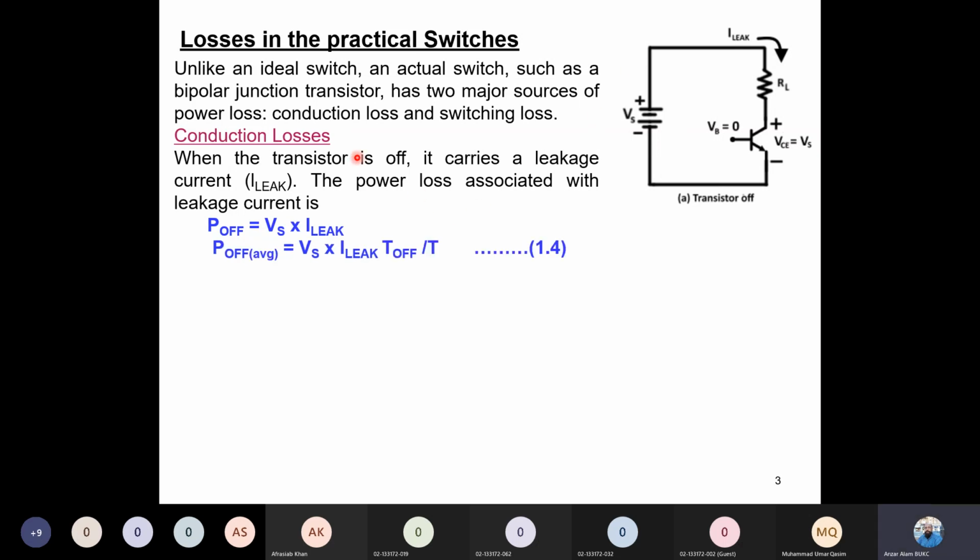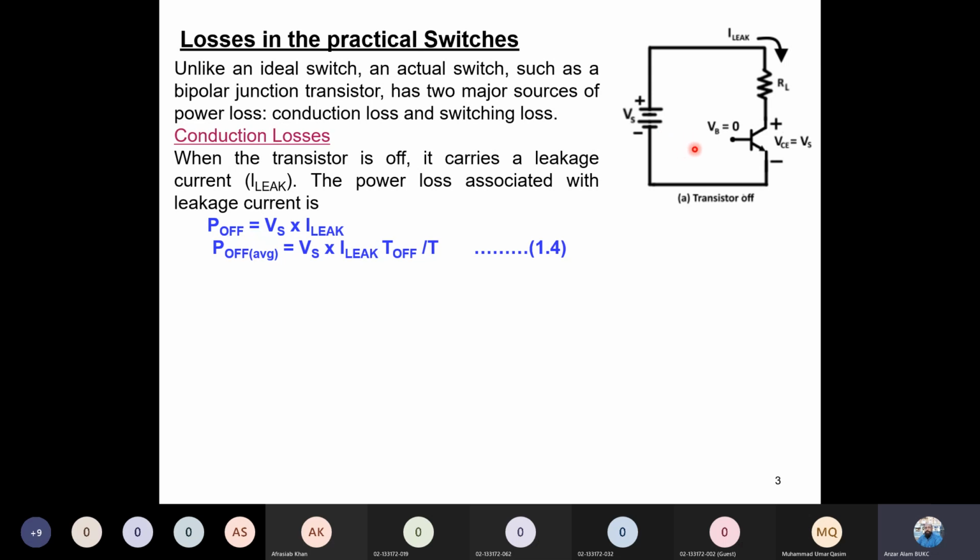So if I want to find the average power loss, as we have done these things in this chapter, this is just the equation for the power loss. P is equal to VI. But because this is related to the square wave pulse generation circuit, it's a PWM circuit, you will have on cycle, off cycle, on cycle, off cycle.